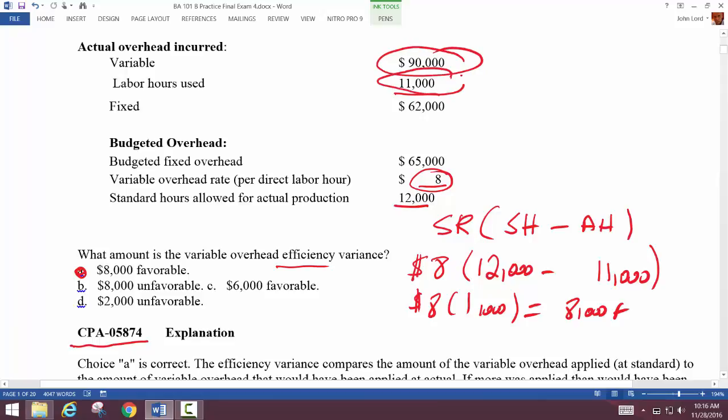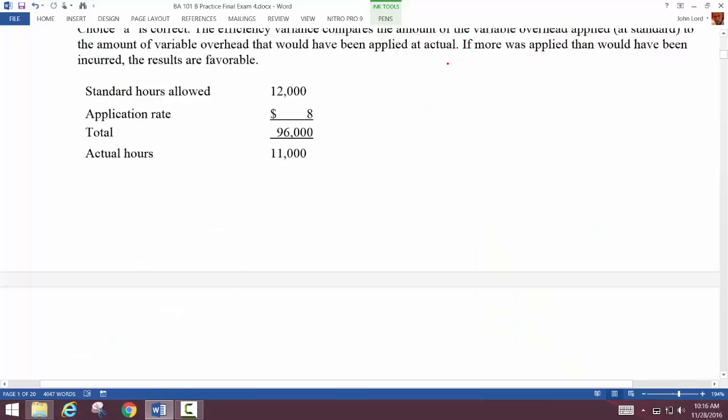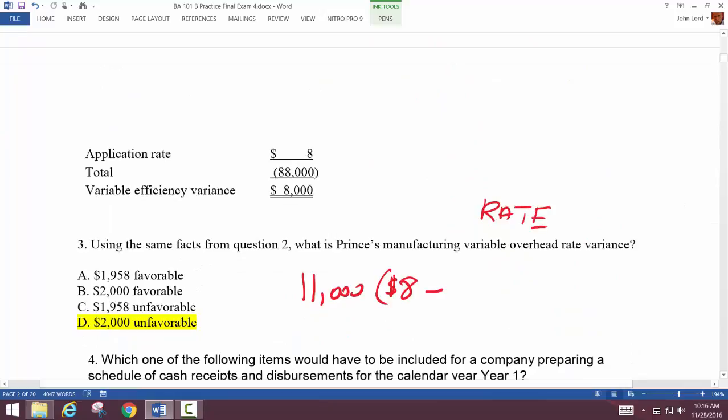And divide that by what? By the actual hours. So 90,000 divided by 11,000 gives me what? 8.18181, I believe, was the weird number that I got when I did that.